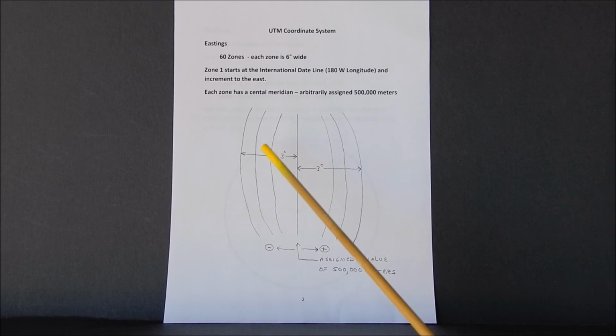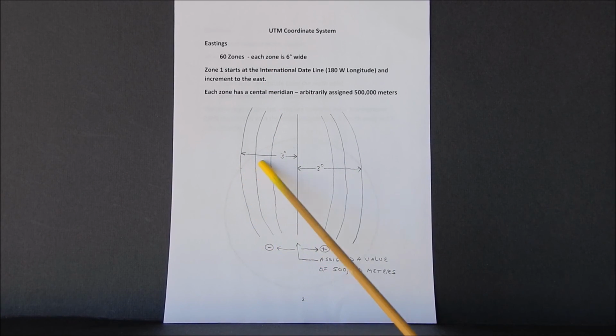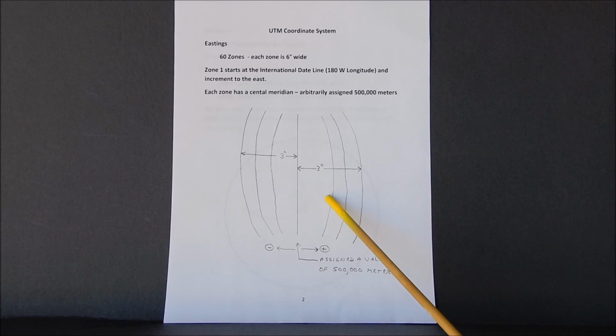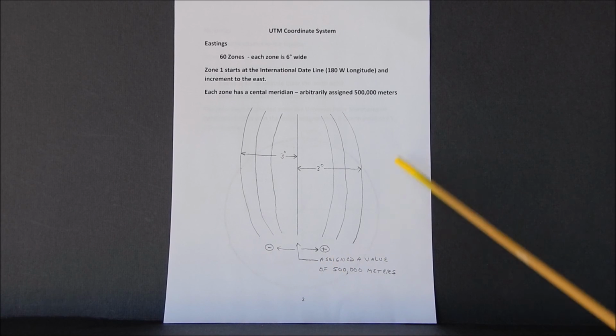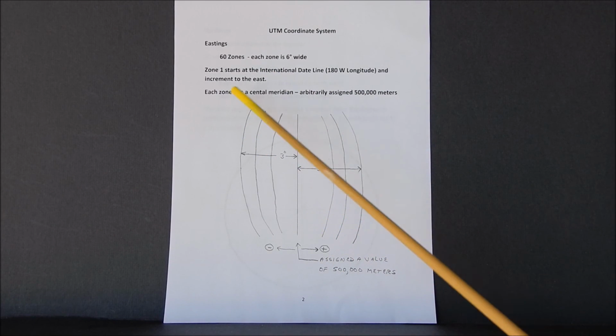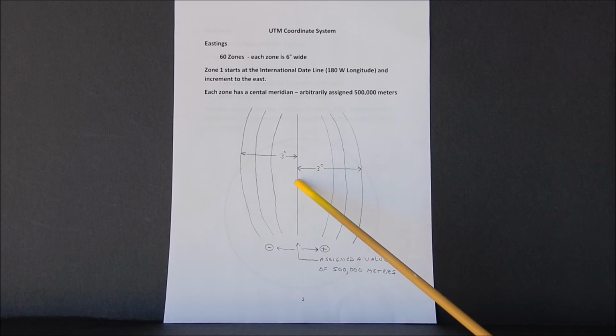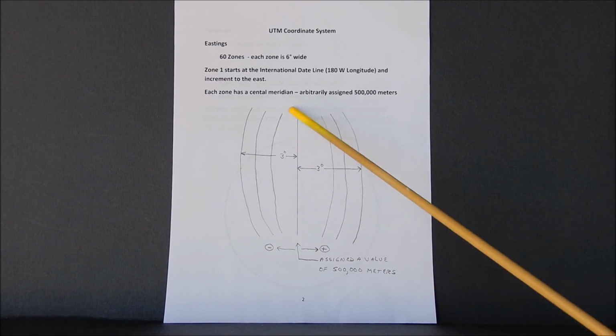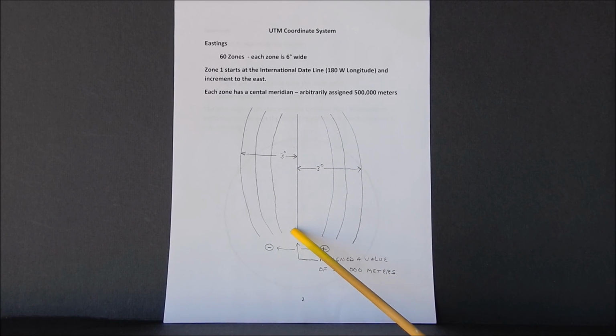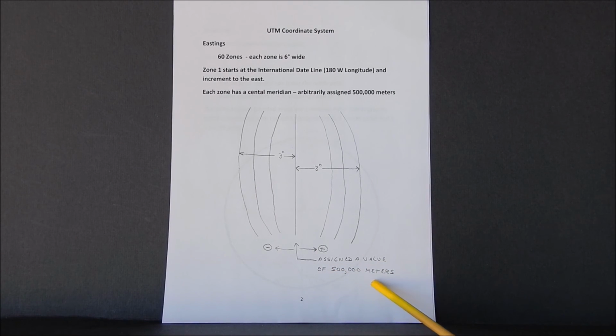In the UTM coordinate system, there's only eastings going this way, and there's only northings going this way. This is a representation of one of the 60 easting zones. Each zone has a central meridian, and that would be this one that's perfectly straight up and down. It is arbitrarily assigned a value of 500,000 meters.